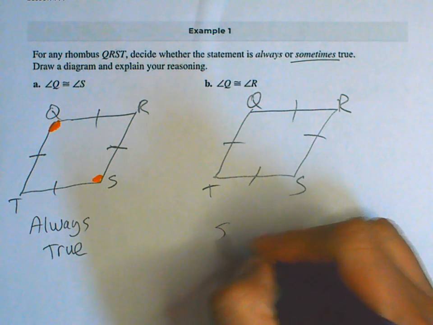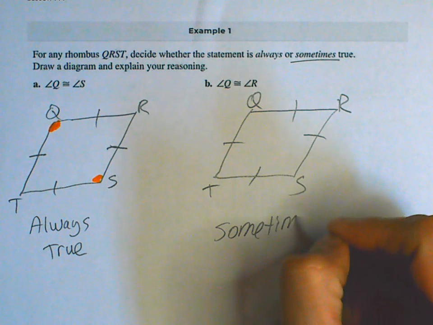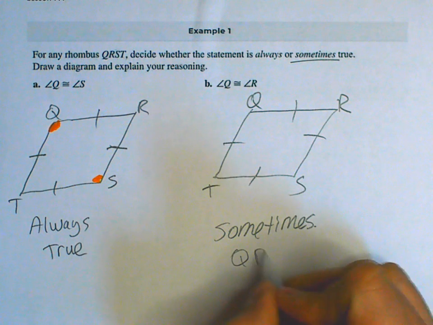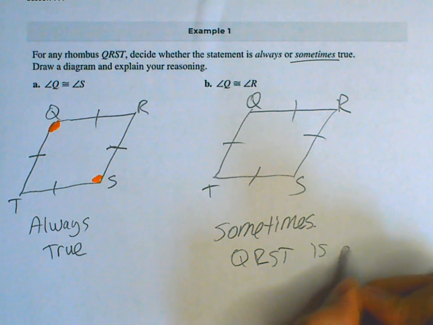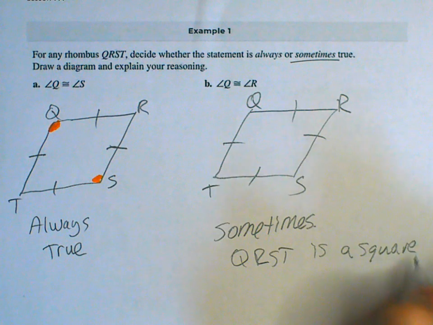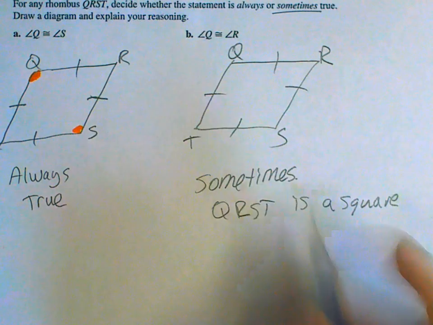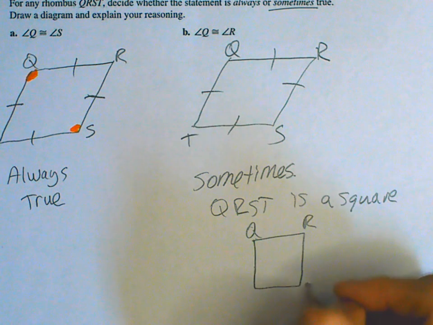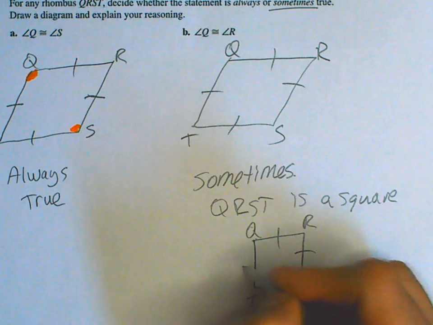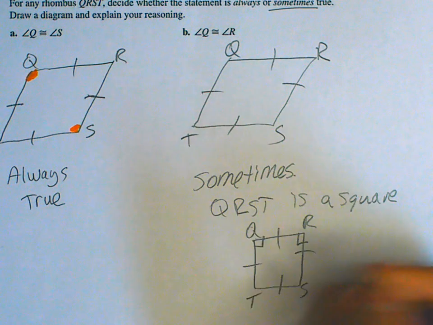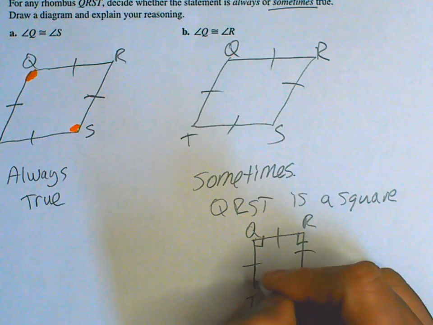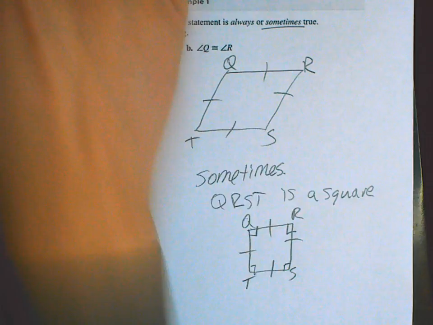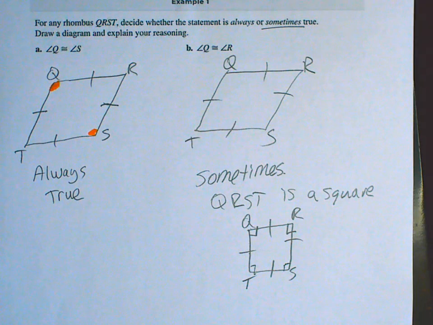So this is going to be sometimes. When? When QRST is a square. Because if this is a square, it's going to look something like this. QRST, where all the sides are congruent, and these two right there are right angles, along with these two. So this is the only occasion where this is going to be true. Okay, and that is example number 1.